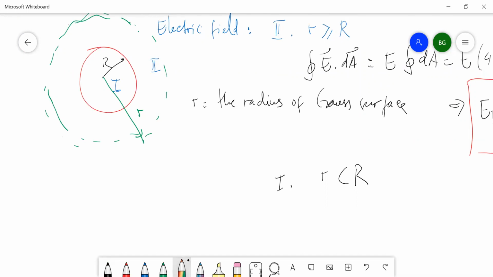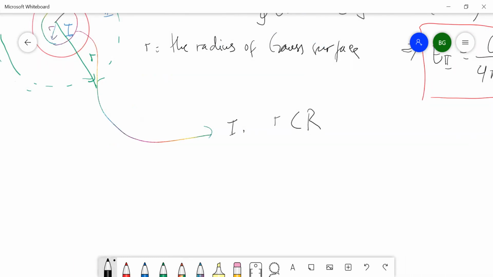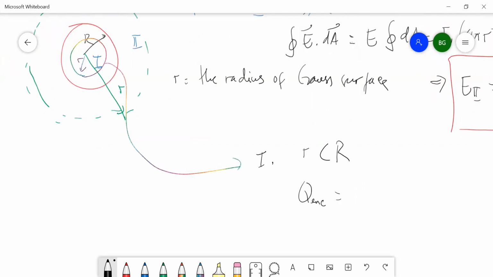Let's say this one. This is also r. How many charges does it enclose? Anyone?